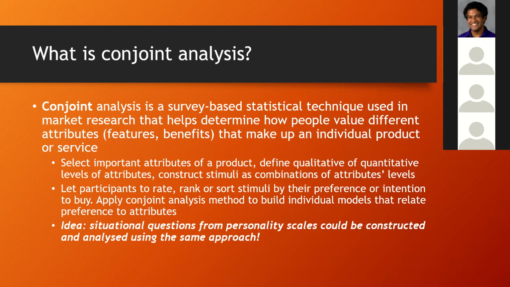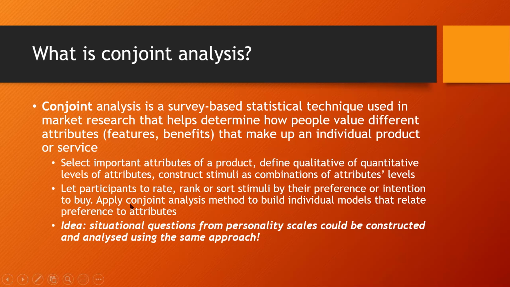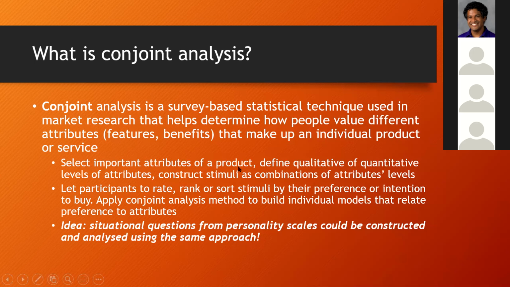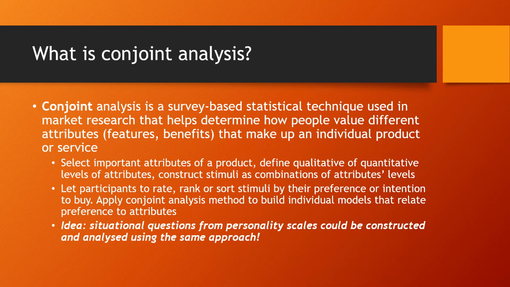Usually, to conduct such analysis, you select important attributes of a product, define their levels, construct stimuli as combinations of attributes, and let participants rate, rank, or sort such stimuli, and then use conjoint analysis technique to build individual and group models that allow us to model preferences and analyze those situational ingredients that are more important to each person.